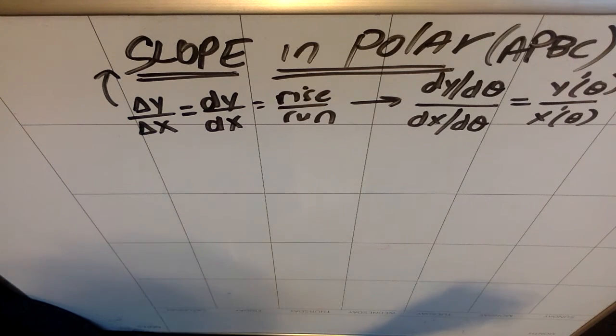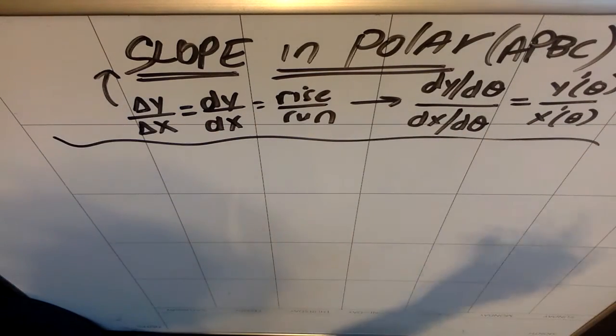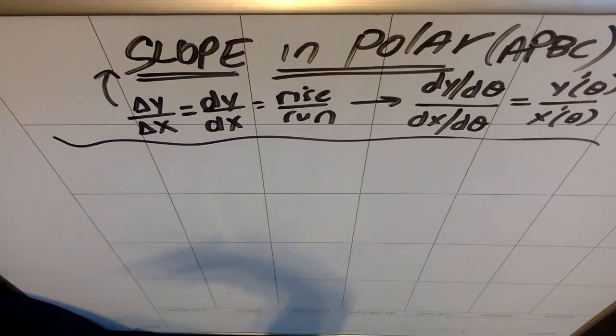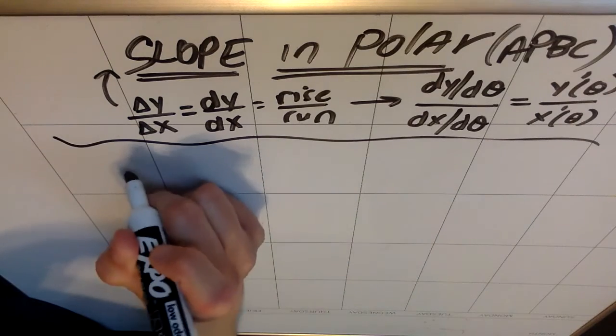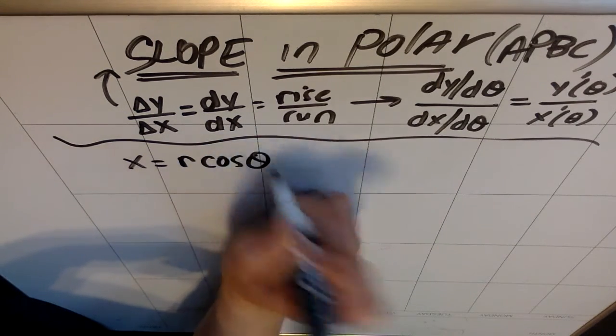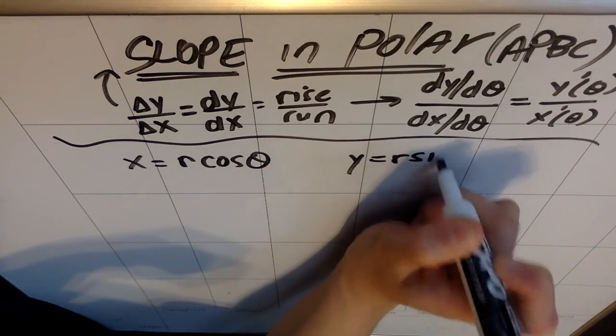That doesn't sound awful, and in parametric it wasn't terrible, but what makes it a little bit harder in polar is the relationships we have between x, y, and r. We learned in a previous video about polar and rectangular coordinates that we can write x as r cosine θ, and y as r sine θ.